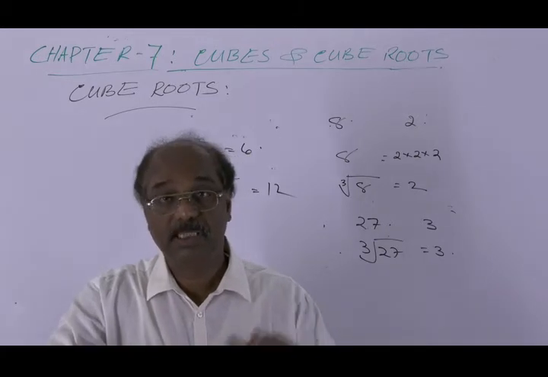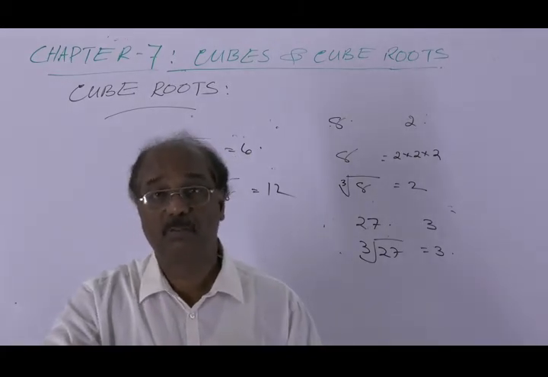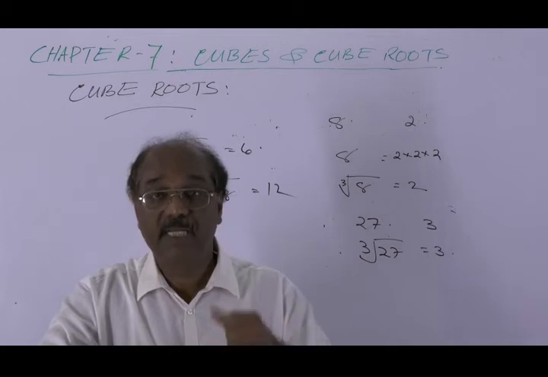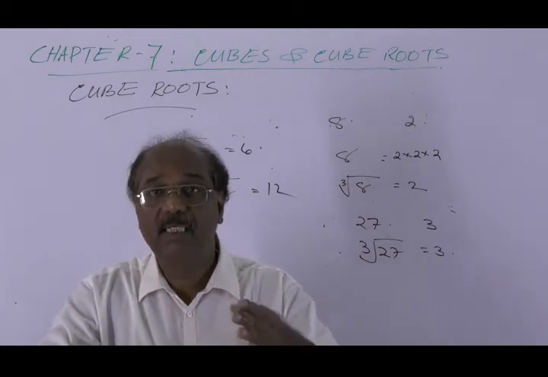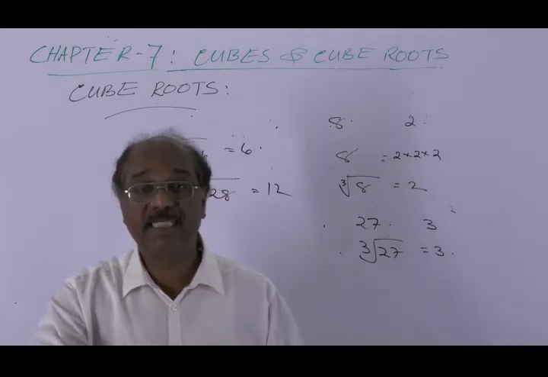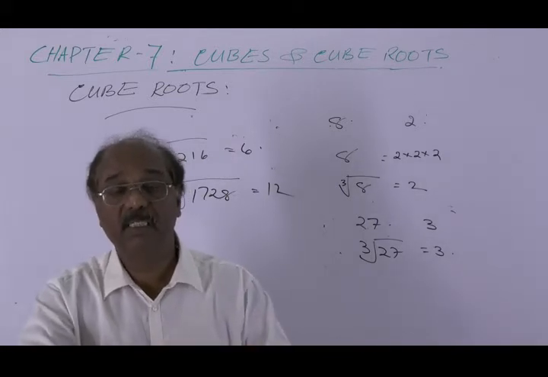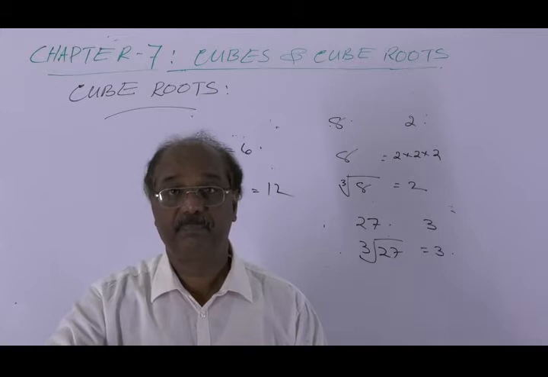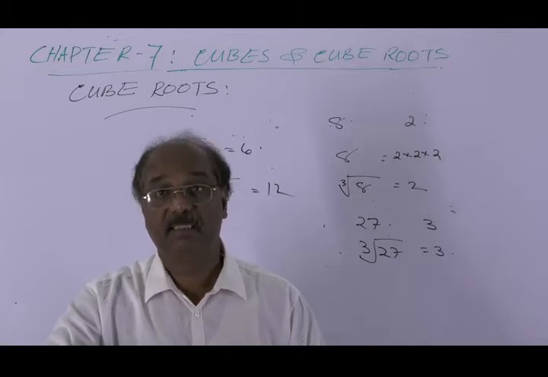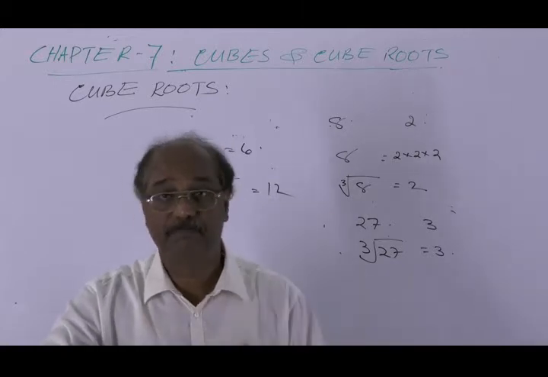But is there any method to find the cube root? Of course. We can use the prime factorization of the number to find the cube root. Prime factorization we have mentioned in the previous video.